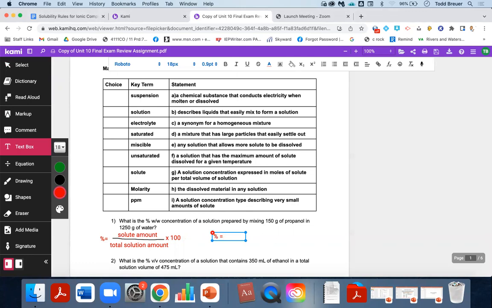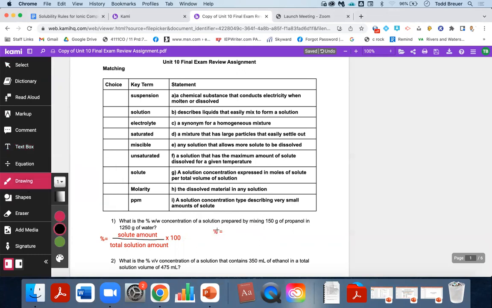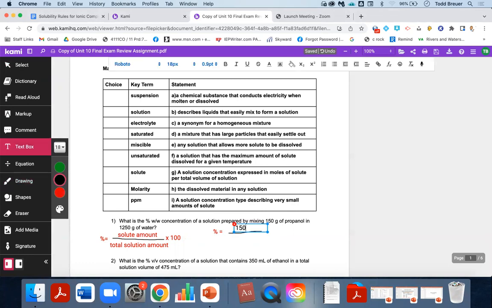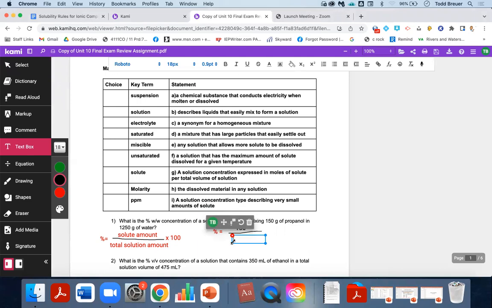So our percentage is going to be equal to the amount of solute. So let's make a little fraction bar. Solute happens to be propanol, 150 grams. Solvent is the water. So they don't give us the total solution amount. They give us the solute and solvent amount. We just need to make certain we're aware that the total is the sum of those two things.